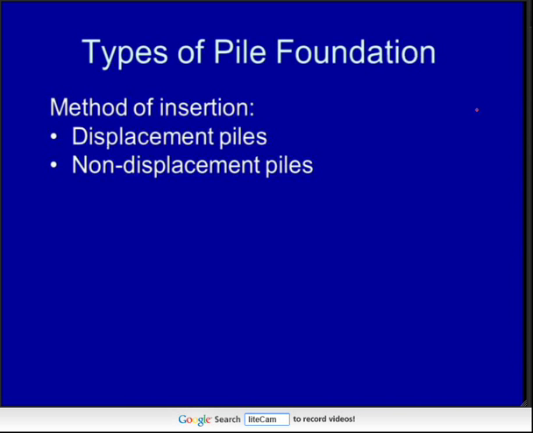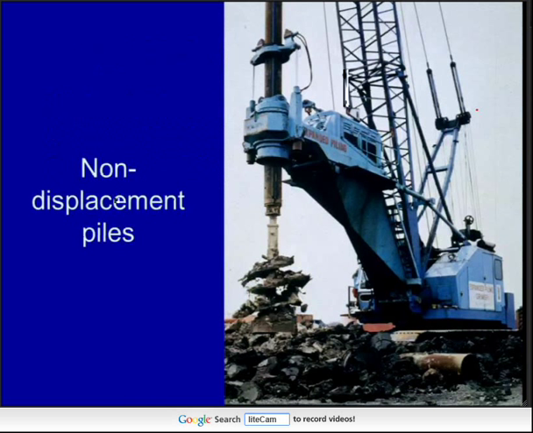And by which I mean, if we go back to this picture, that's a continuous stem auger, but you can get hollow stem augers. So there's a pipe down the middle of the auger. So one type of pile is to bore all the way down to the bottom, but instead of leaving it completely unsupported, you inject the concrete from the bottom of the hole and gradually bring the auger to the surface, leaving the concrete behind.